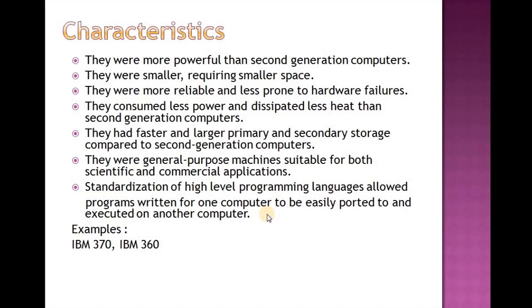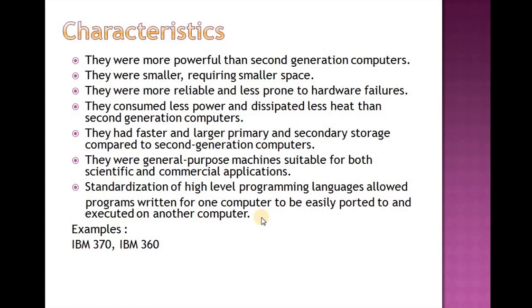But in the third generation, the programming languages were standardized, and we got a particular set of syntaxes and rules and regulations to use these programming languages, so we could design more applications, and we could run the programs on different computers as well, and easily port them from one computer to another. It basically helped the programmers, and reduced the time required in the earlier days.